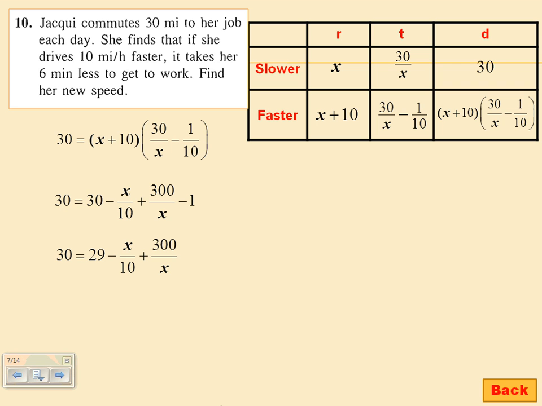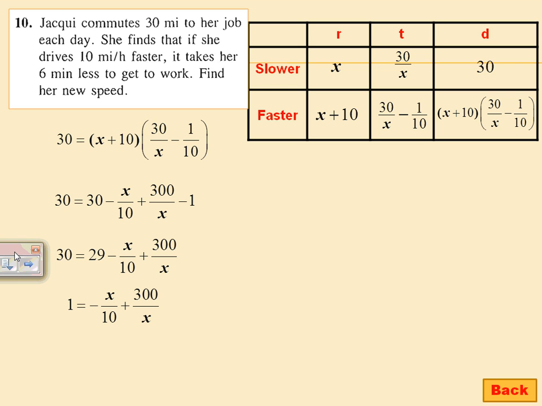I can then do more simplification by subtracting 29 from both sides. As a result, I get 1 equals negative X over 10 plus 300 over X. So what's my lowest common denominator?